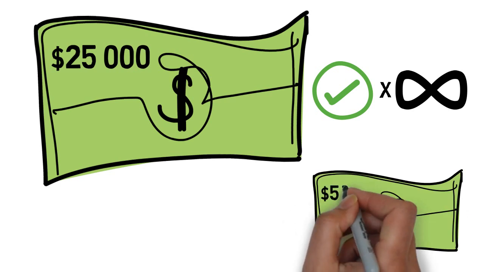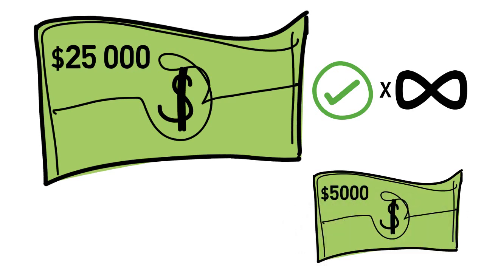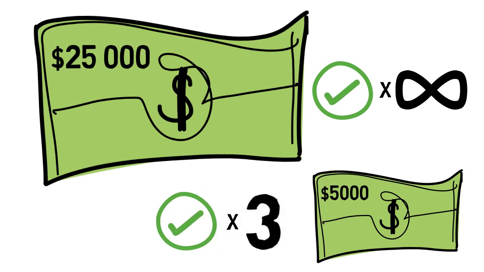But if you have less than $25,000, you will only be able to trade 3 times within 5 business days. So everyone with a smaller account is restricted to 3 day trades per 5 business days.